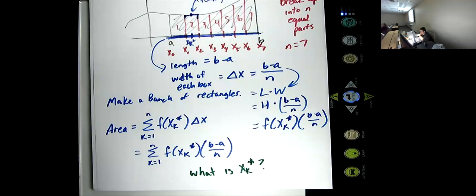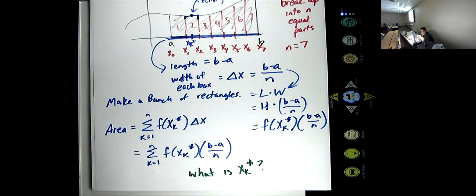For k, why wouldn't we start at 0? Like k equals 1, why wouldn't it be k equals 0? Well, does it make sense to have a 0th rectangle? We're adding the rectangles, right? So this is the kth rectangle. That's a good question. The 0th rectangle sounds silly.